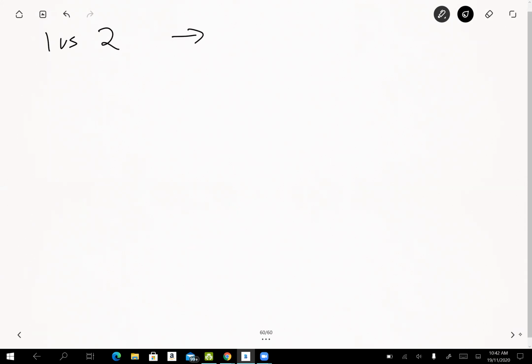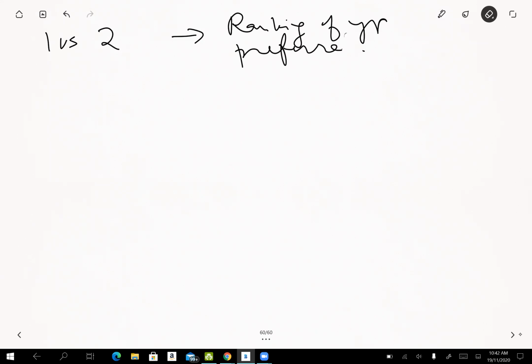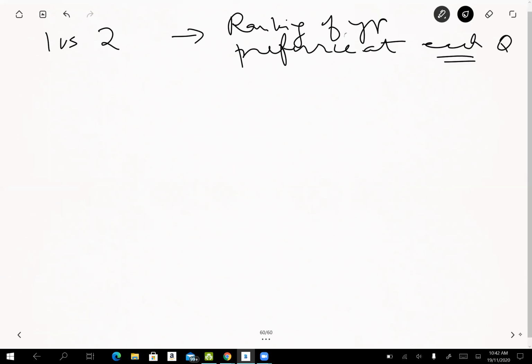There are 3 people, A, B, C. You vote by your preference, by the ranking of your preference, that means by the order of your preference for that output level, at each quantity that you are voting for.